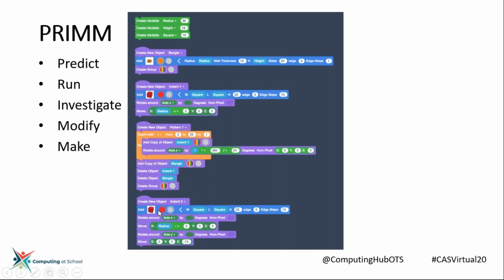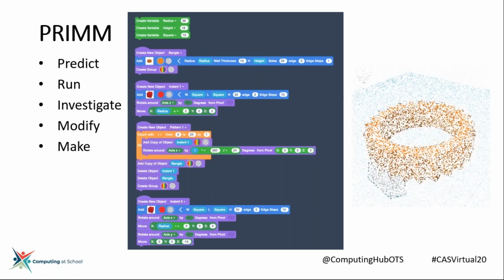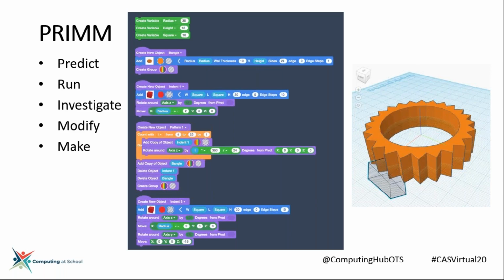And you could give this to students and ask them to have a think, and all being well, they're not going to come up with a kind of gear tooth looking wheel, but if you use this PRIM model with the code that we'll paste and share with you afterwards, you would be able to get them to do some PRIM.